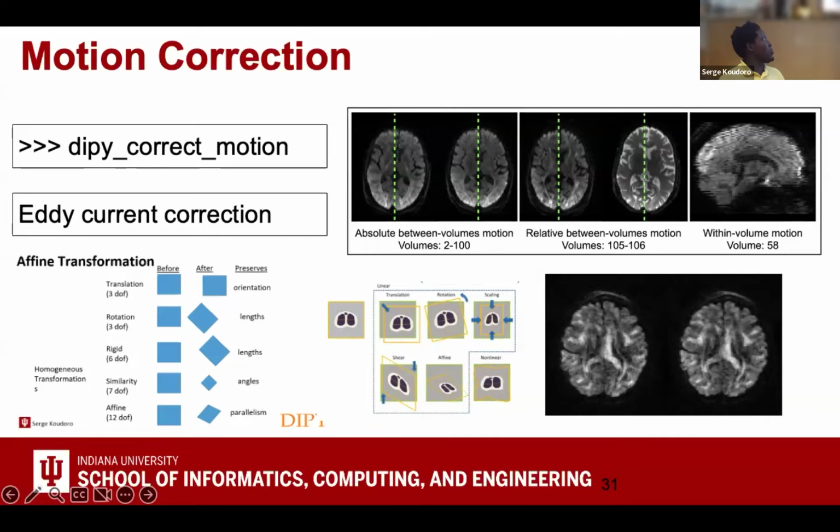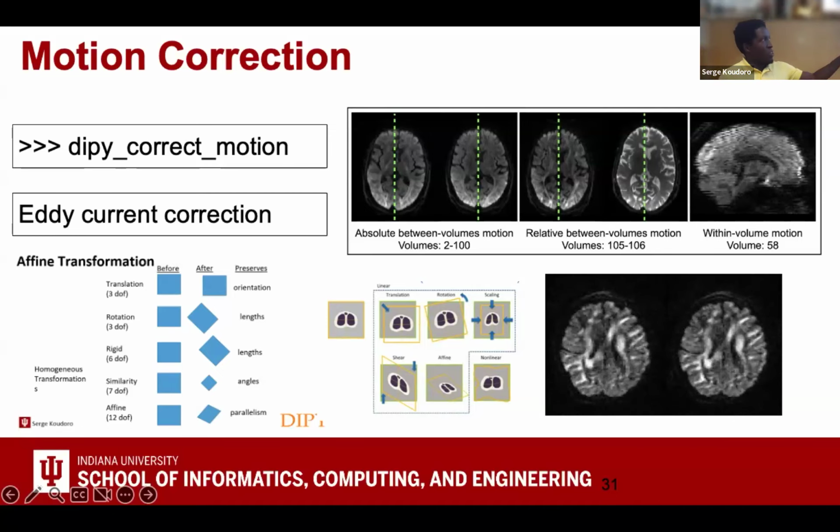Then, of course, you have the eddy current correction that you see everywhere also. Eddy currents are circular electric currents induced by the conductors of the scanner. You can see what effect you have on this picture.